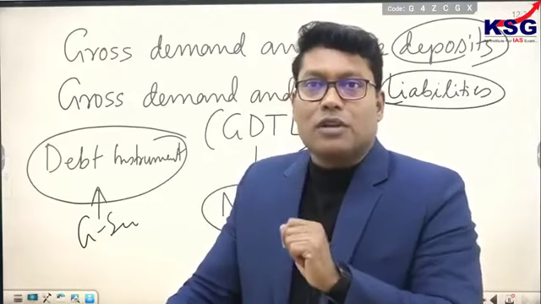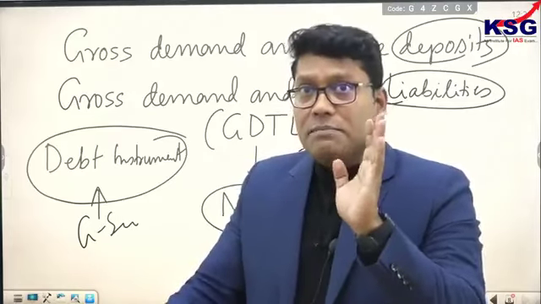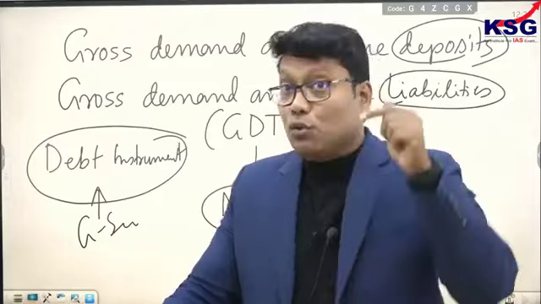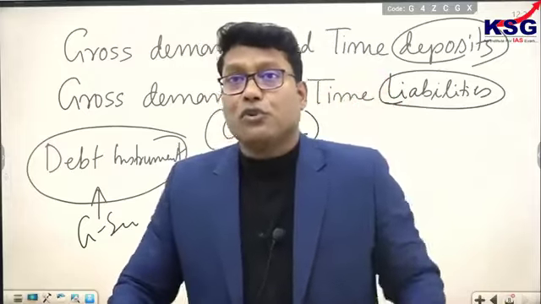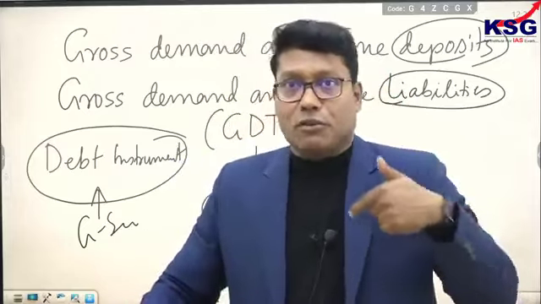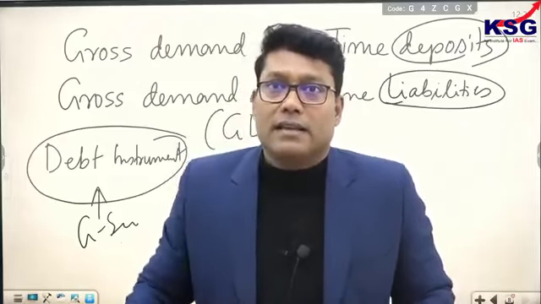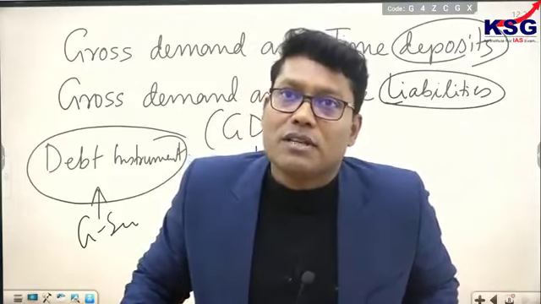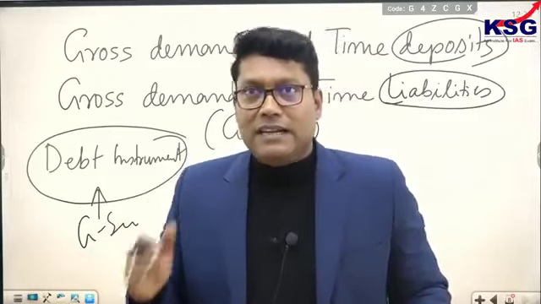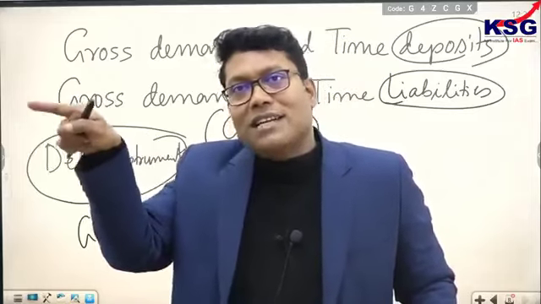I discussed two concepts, assets and liabilities. Assets means when you are claiming on something, your claim is there, then it is your asset. Suppose you are a bank and you lent some amount to someone. From the day you lent, you started claiming on that amount.